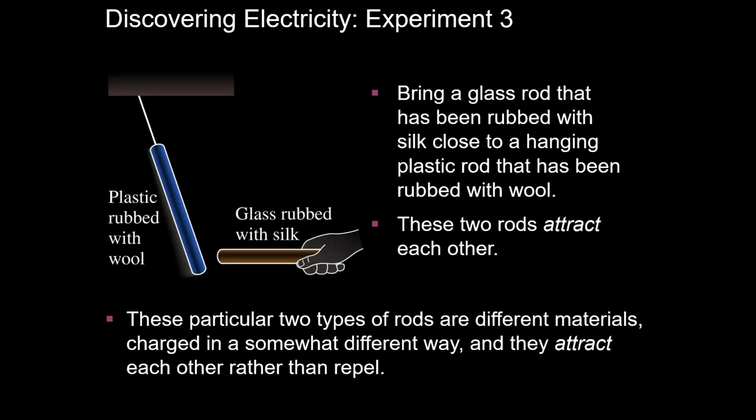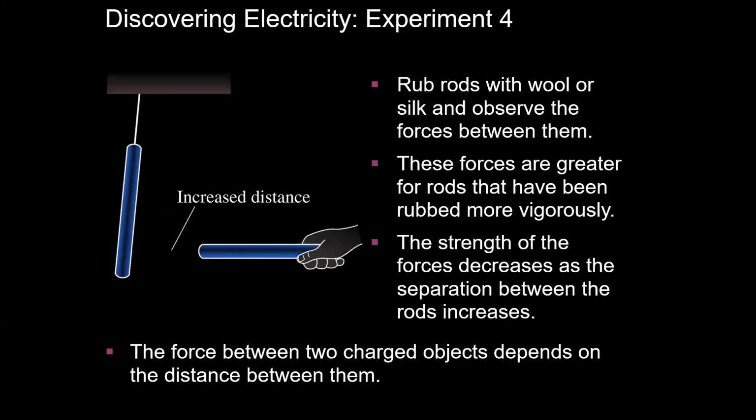And furthermore, experiment 4 dictates that if you increase the amount of vigorous rubbing or friction against these two, there is more force. And also in this case, if you increase the distance between them, the force is less.